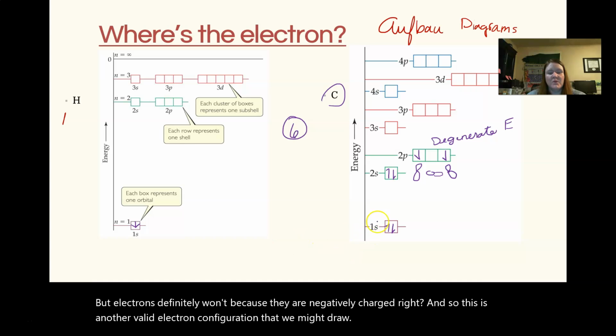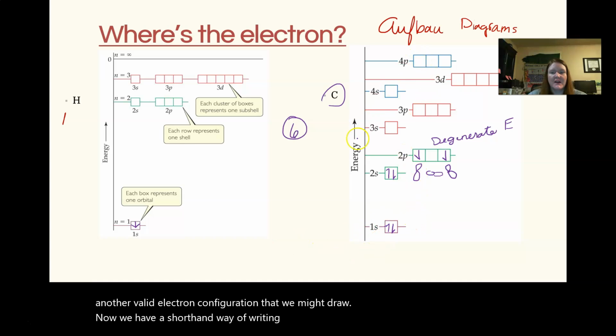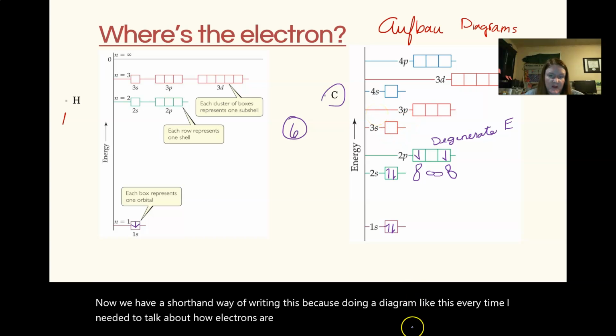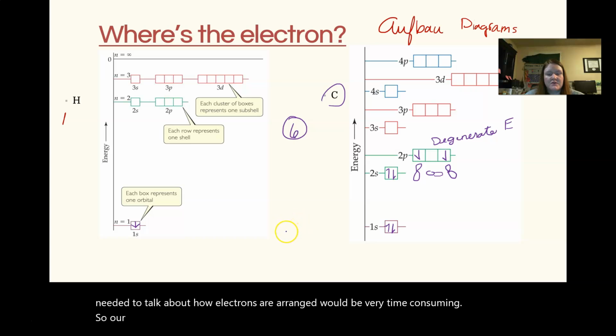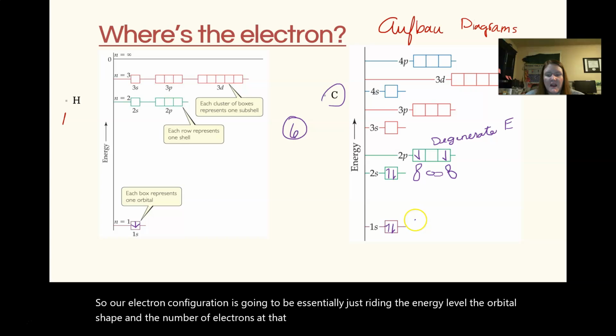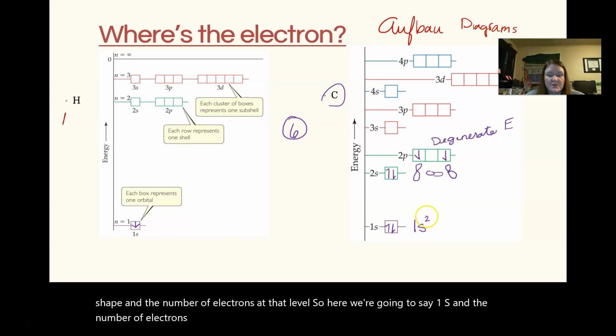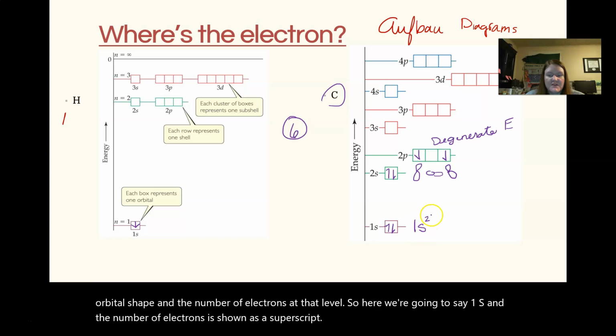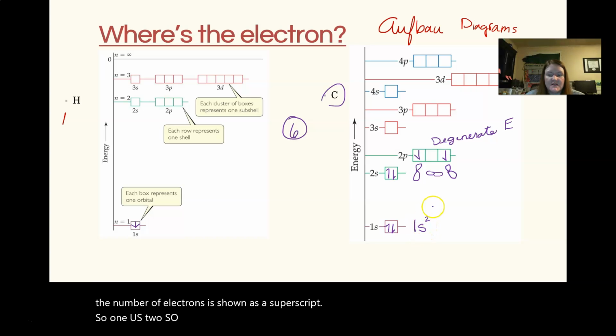Now we have a shorthand way of writing this, because doing a diagram like this every time I needed to talk about how electrons are arranged would be very time consuming. So our electron configuration is essentially just writing the energy level, the orbital shape, and the number of electrons at that level. So here we're going to say 1s, and the number of electrons is shown as a superscript. So 1s2. So 2 electrons are in the 1s energy level.